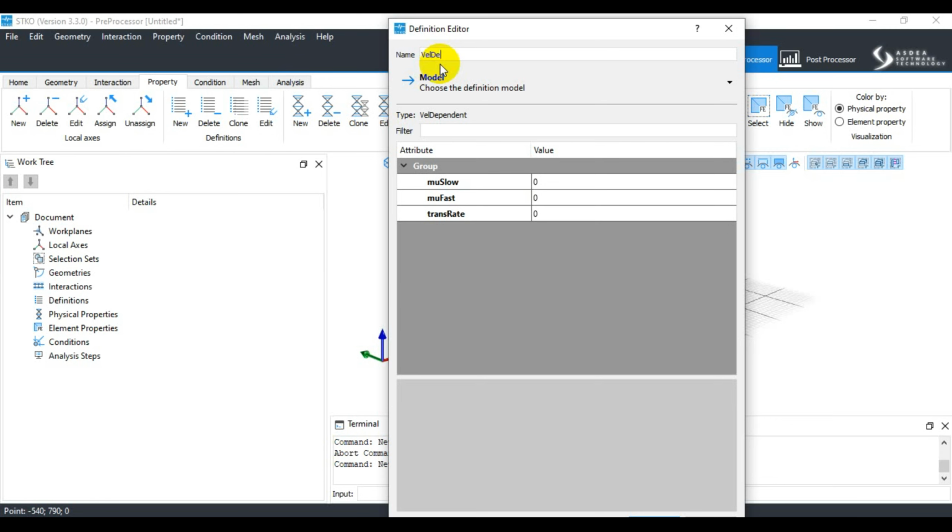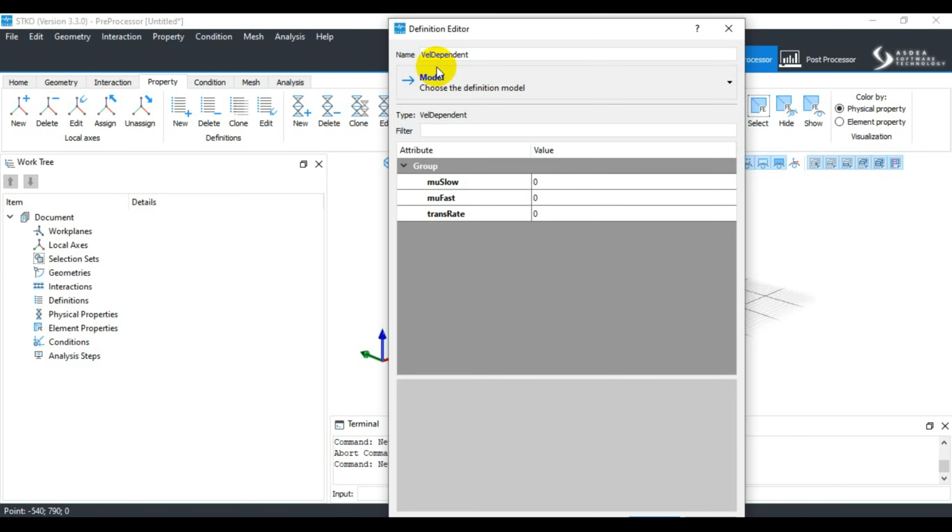This is the velocity dependent friction model. The command that I am referring to is available in OpenSees and the STKO environment, and it is used for simulation and modeling of friction.